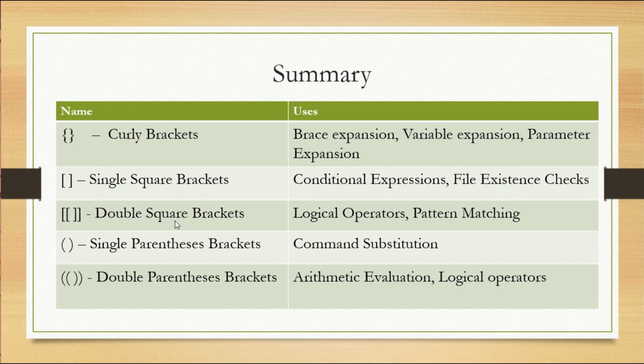Then we have the double square bracket, which we use when we want logical operators or pattern matching. The single parenthesis brackets are used for command substitution. Then we have the double parenthesis bracket, which is used for arithmetic evaluation as well as logical operators.